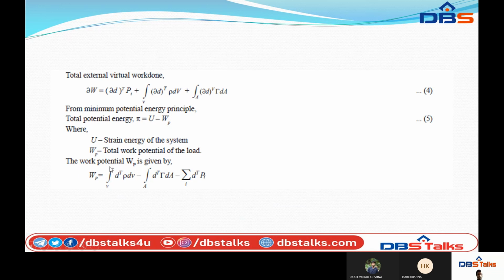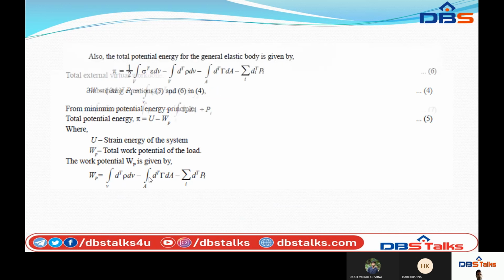The total work potential WP is given by the integral over V of dᵀ P dV, the body load, plus the integral over the area of dᵀ T dA, the traction load, and finally the summation of dᵀ Pi, the point loads. WP is obtained by adding all the loads: point loads, body loads and traction forces.